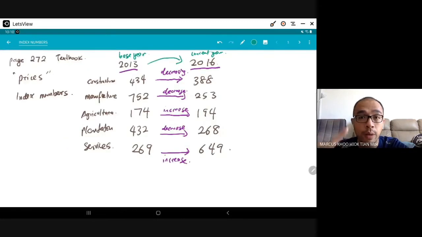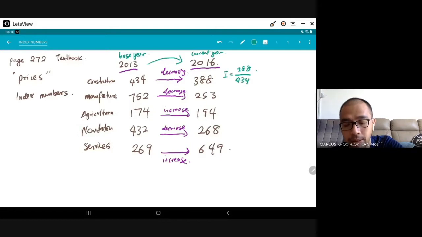I'm going to do one example for you and then you do the rest of the four. In the construction one, it will be 388 over 434, times 100, because the current year is 388 and the base year is 434.